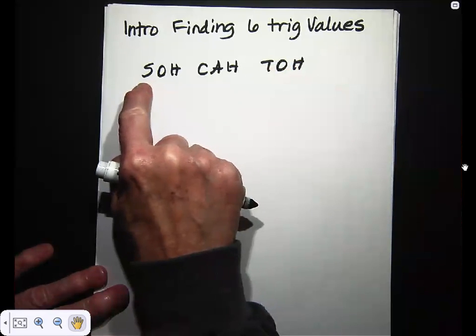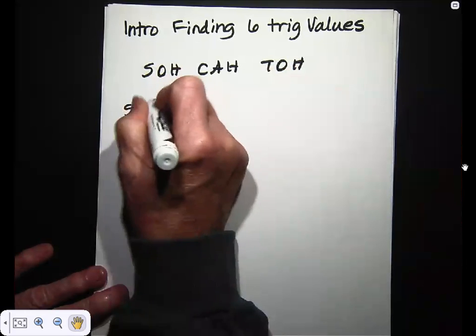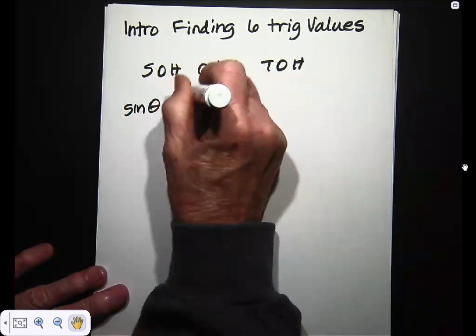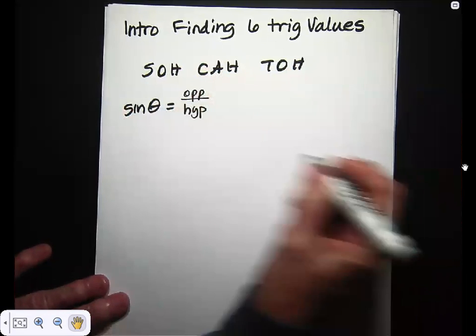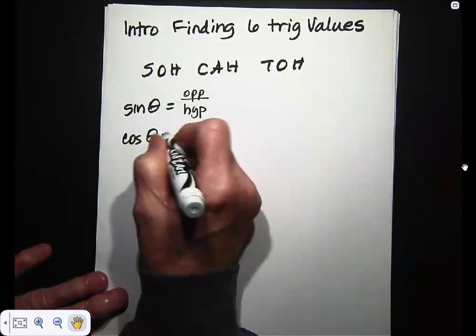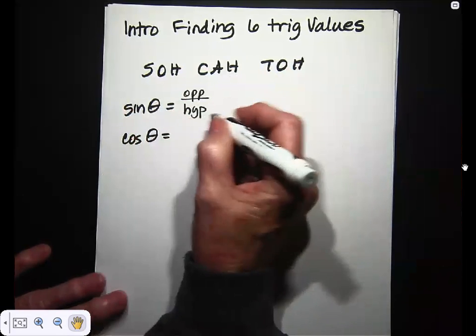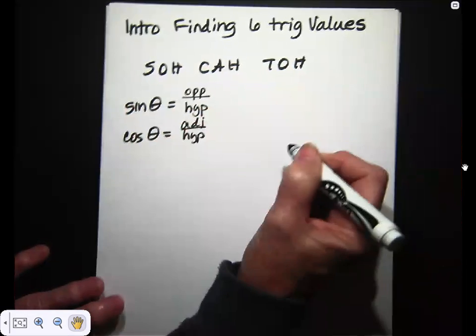You know that SOH, the sine of the angle, is equal to the opposite over the hypotenuse. CAH is the cosine of the angle is equal to the adjacent side length over the hypotenuse.